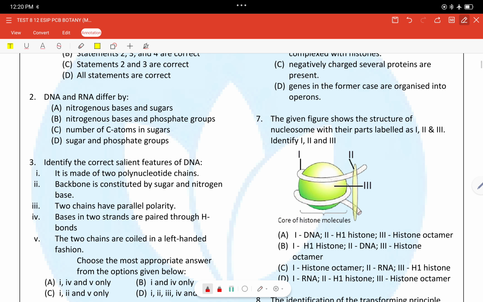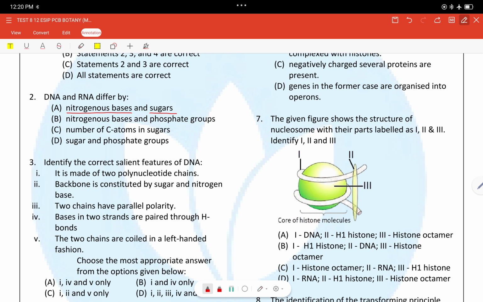DNA and RNA differ by, if we consider the structure of DNA and RNA, then pentose sugar and nitrogenous bases are different in DNA and RNA. Sugar in DNA is deoxyribose sugar and sugar in RNA is ribose sugar. In DNA we have 4 nitrogenous bases, that is adenine, thymine, cytosine and guanine, while in RNA we have adenine, cytosine, guanine and uracil.